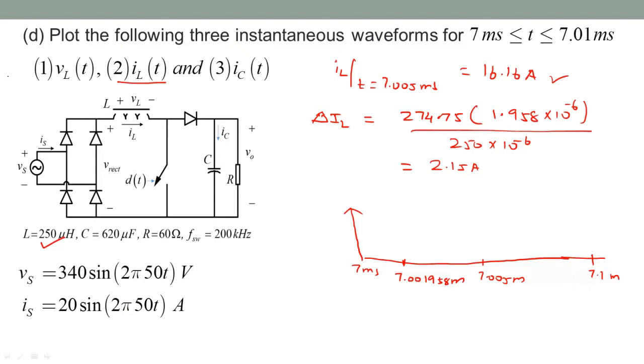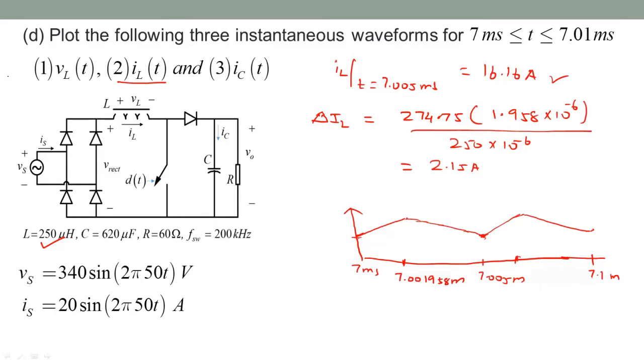Alright, so delta IL is going to be rising during that on interval, then falls back to the original value, then rises again for another DTs, and then comes back to a value close to that. It's not a DC-DC converter, so this value is not exactly the starting value. This value is also not exactly its own starting value.